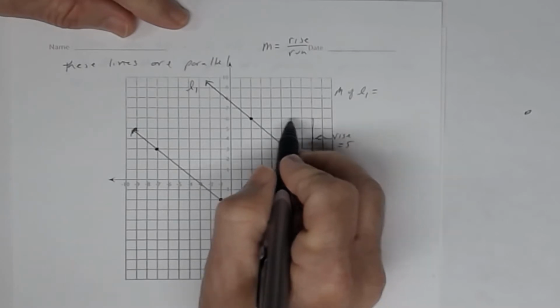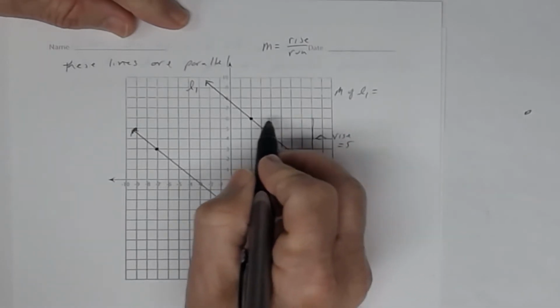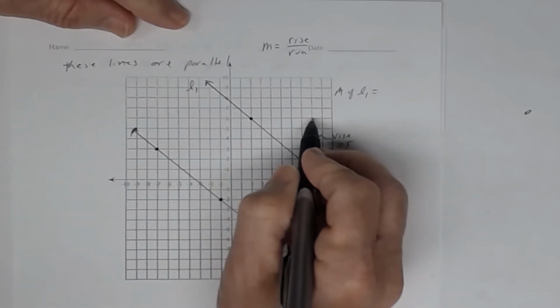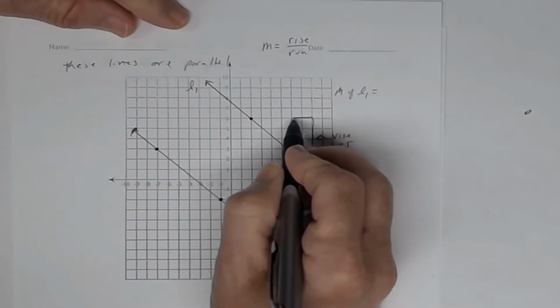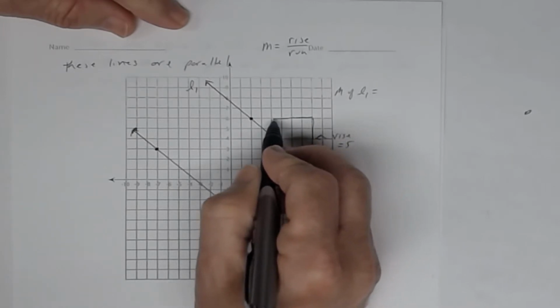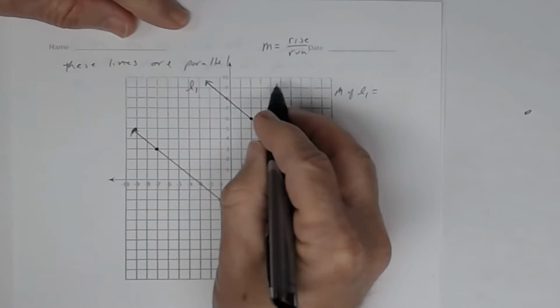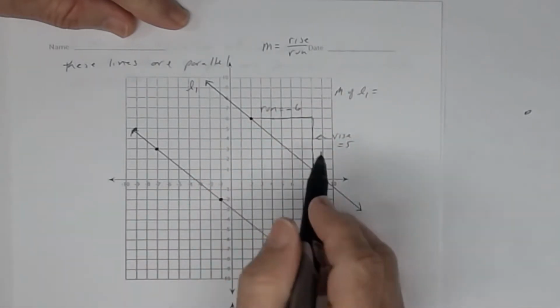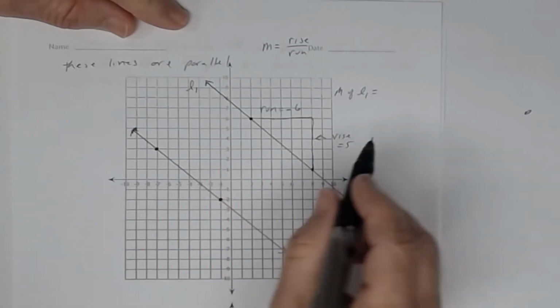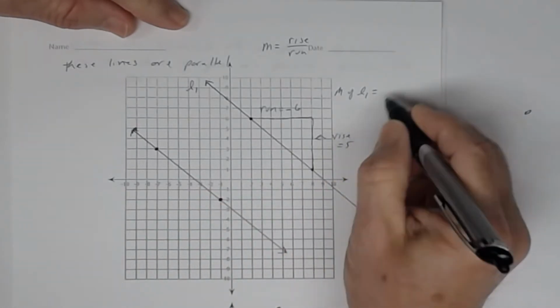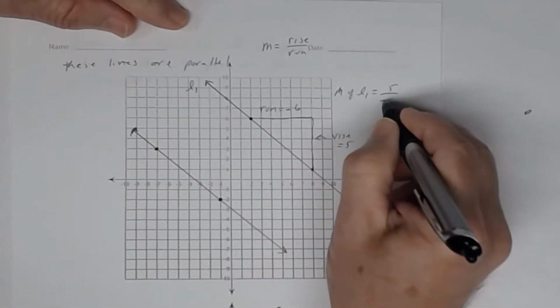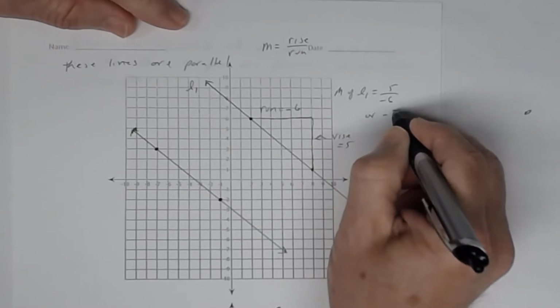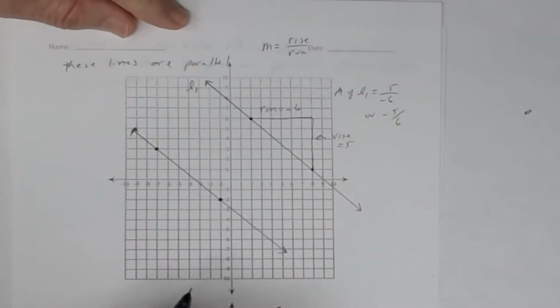And my run, I'm going to the left. Remember, when you go to the left, your run is negative. So 1, 2, 3, 4, 5, 6, so your run equals negative 6. So the slope of this line equals the rise, which is 5, divided by the run, which is negative 6, so the slope is negative 5/6.